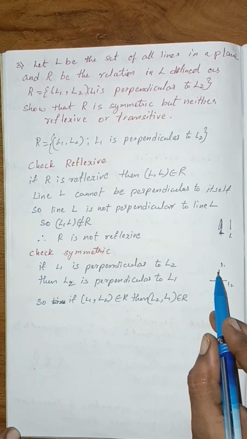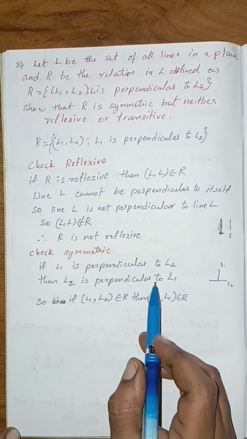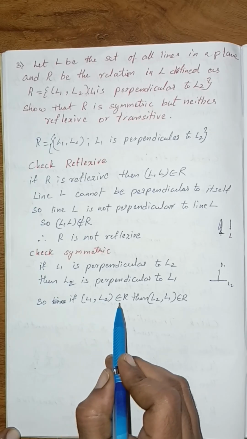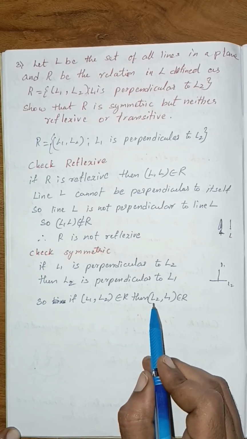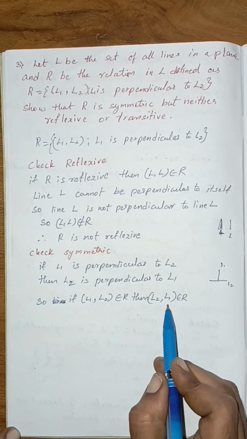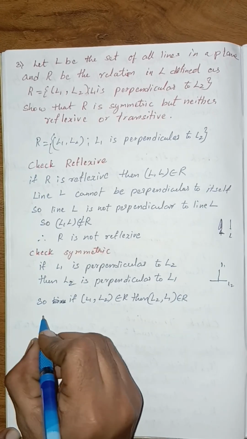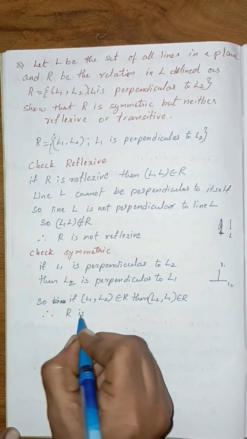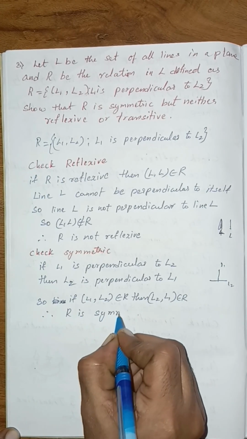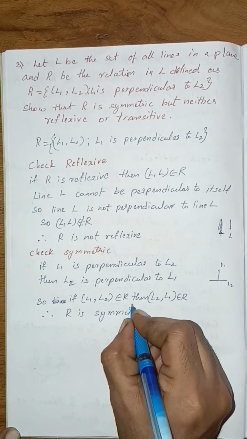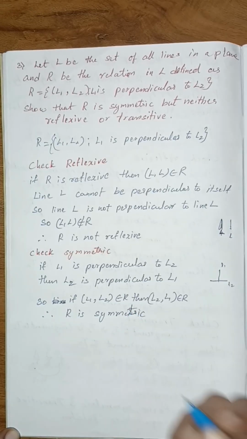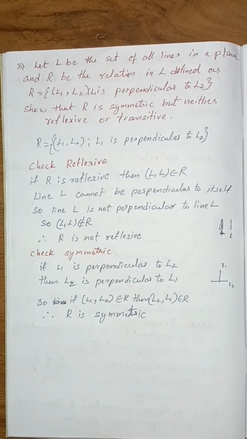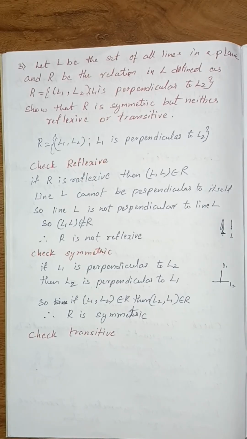Then line 2 is also perpendicular to L1. So L1 comma L2 belongs to R. In the same way, L2 comma L1 also belongs to R. Therefore R is symmetric.